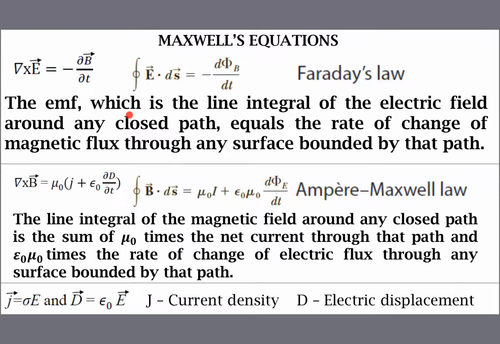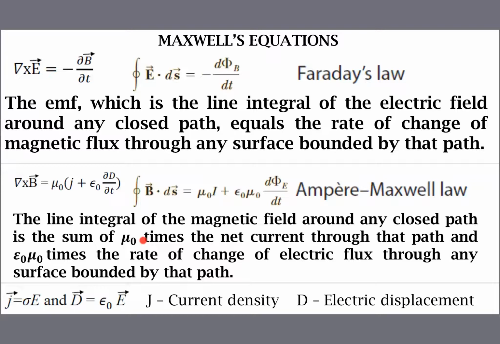And let's move to the last Maxwell's equation. That is the Ampere-Maxwell's law. It tells us that the line integral of the magnetic field around any closed path is the sum of mu naught times the net current through that path.